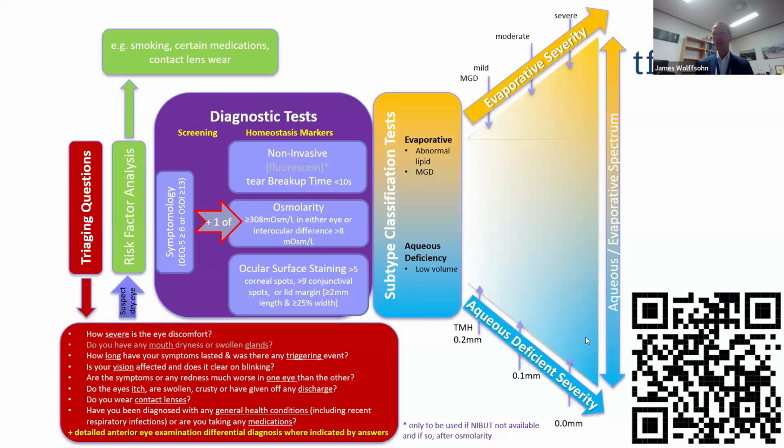But one of the issues with the different managements is that we know how well a management performs compared to a placebo, but we don't have many trials comparing different treatments to each other. So this is where the survey that you were all sent and can be reached at this QR code, if you haven't filled it out already, comes in to be important, because this fills in the gaps between what people are doing in practice and the limited research evidence that we have.